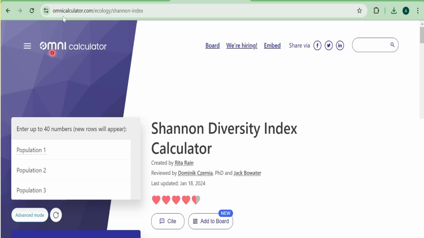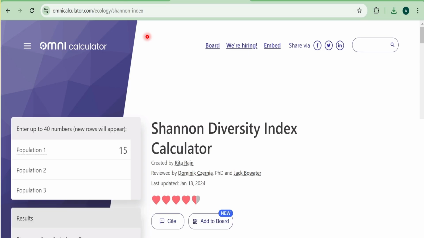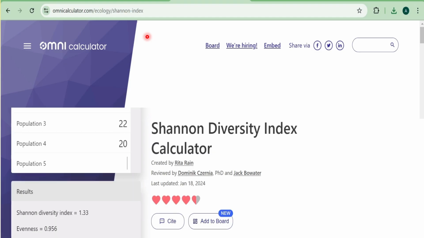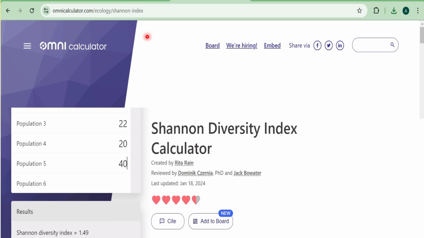You can visit this site for a ready-made result of the Shannon's Biodiversity Index. However, there are several other calculators also. So I put the same frequencies of the 5 species in this calculator, so that you can compare the results of what you calculated with what this calculator shows, and the population of species 5 is 40.